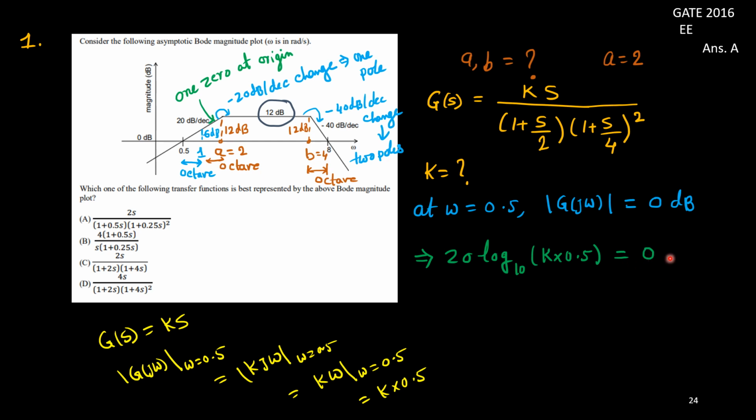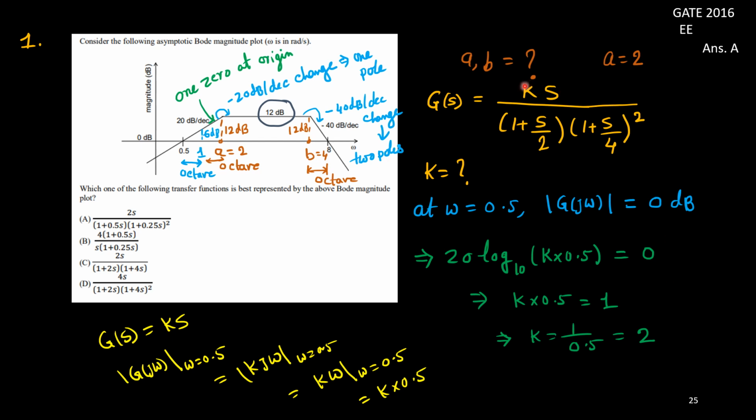We need to solve it. So log x equal to 0 means here it should be log 1, x equal to 1. Log 1 is always 0, because this should be equal to 10 to the power 0, which is 1. So K into 0.5 should be 1, and so K equals 1 upon 0.5, which equals 2.